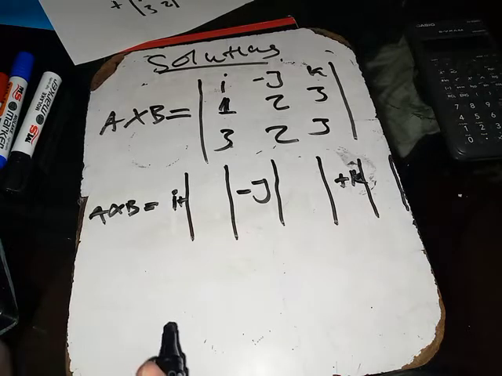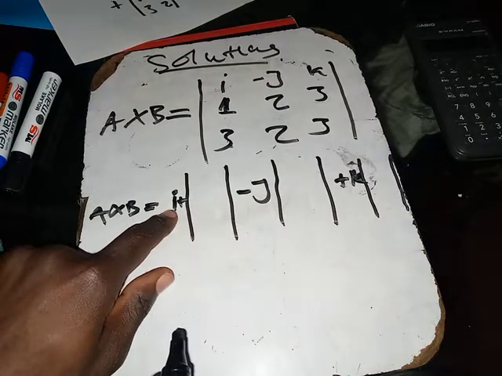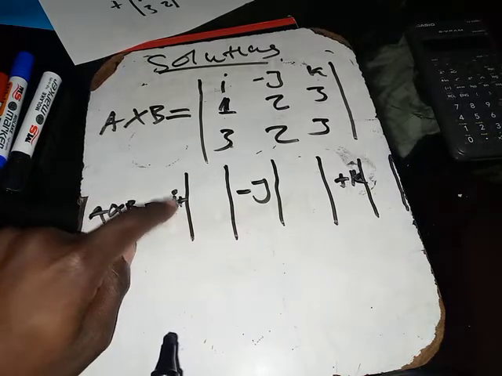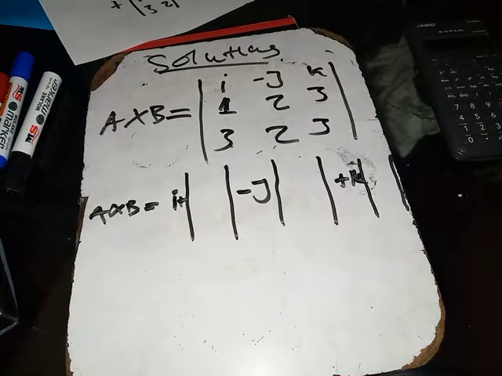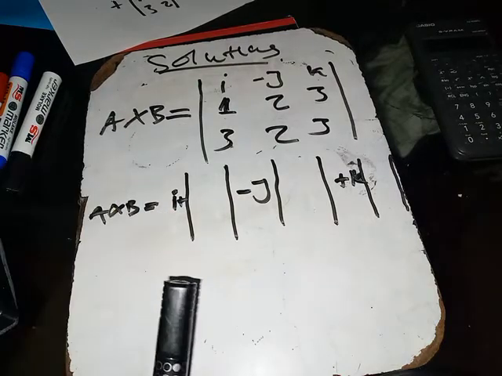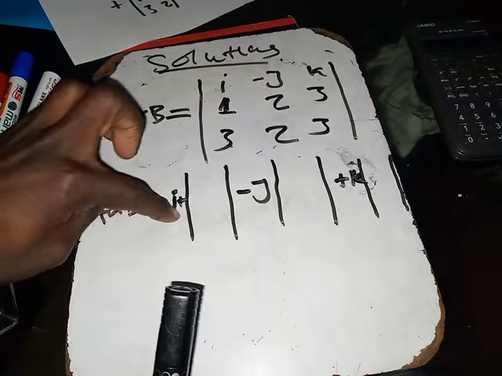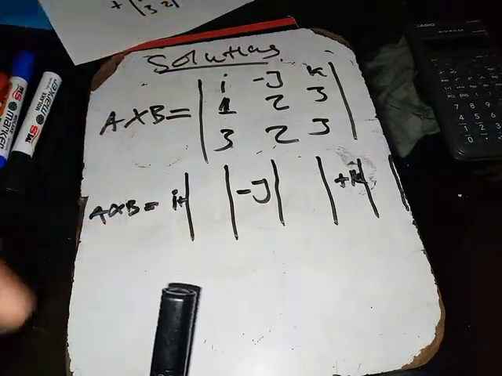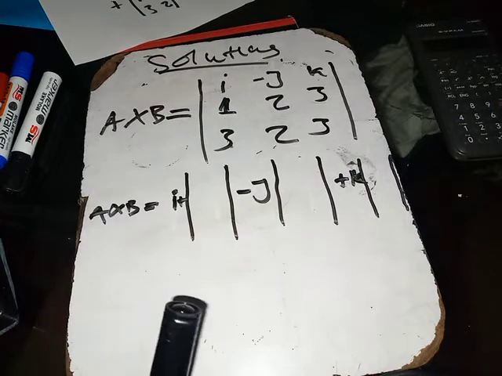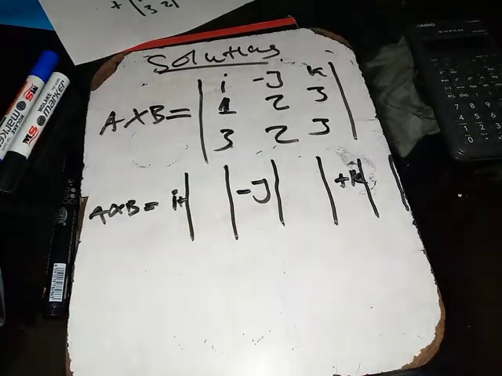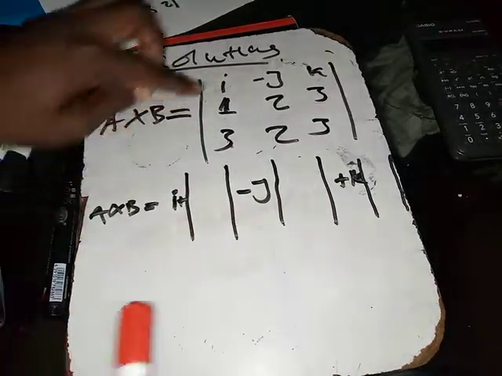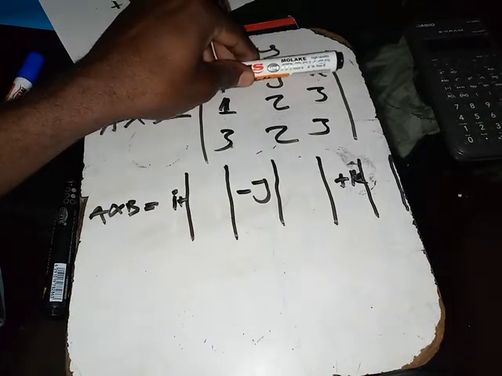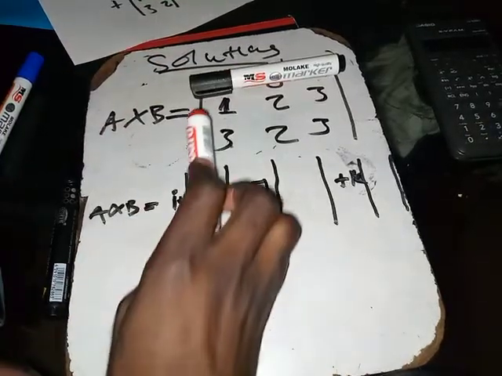So now, how are you going to obtain the matrix of this I? In simple terms, when finding the matrix of a particular letter, you simply hide whatever is related to that particular letter. What do I mean? Here you're talking about I. So in order for me to obtain the matrix of I, I'm going to hide anything that is related with this.